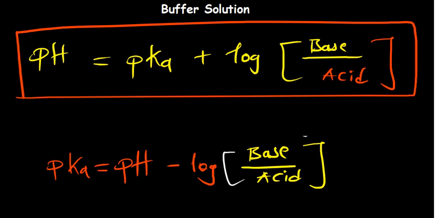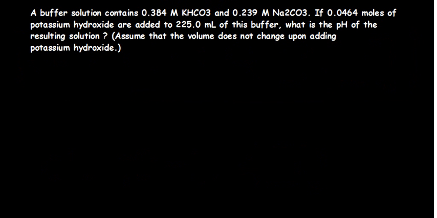The question says a buffer solution contains 0.384 molar concentration of that, and then 0.239 molar concentration of that as well. Given that a number of moles of potassium hydroxide are added to 225 milliliters of this buffer, what is the pH of the resulting solution?